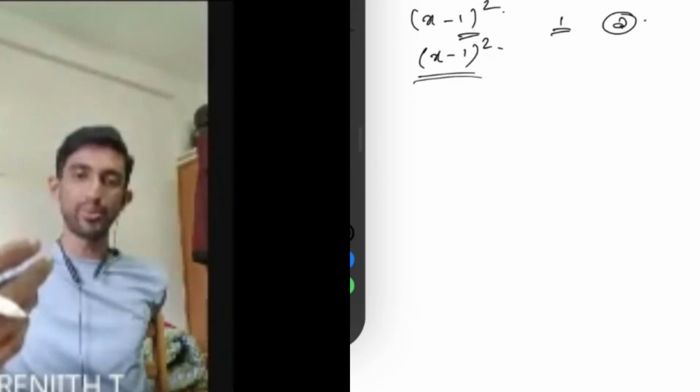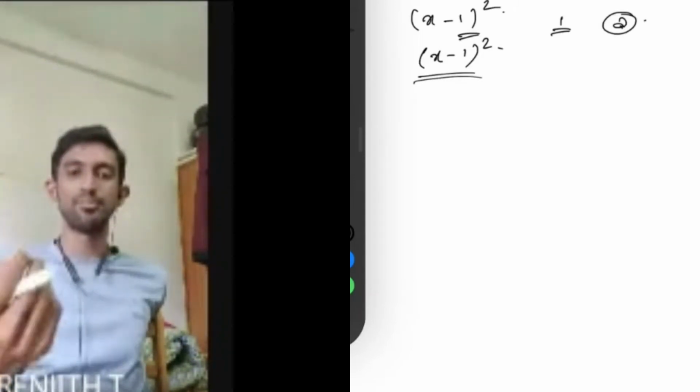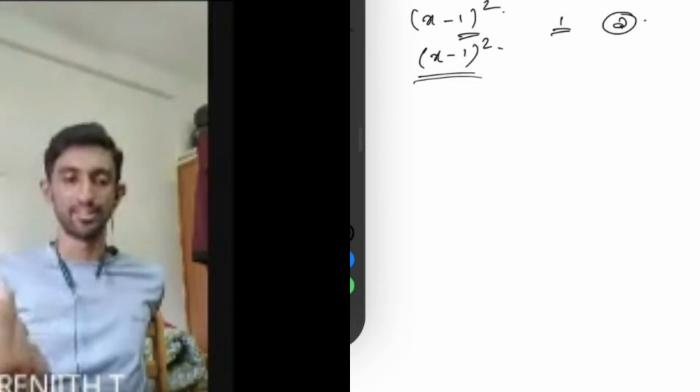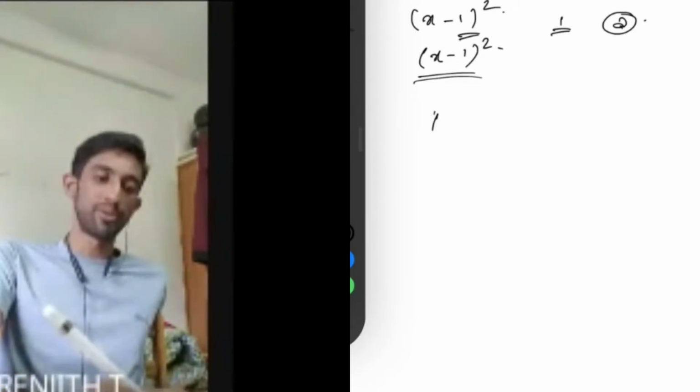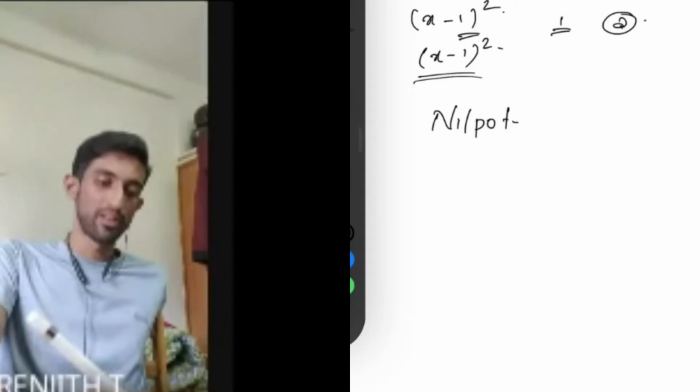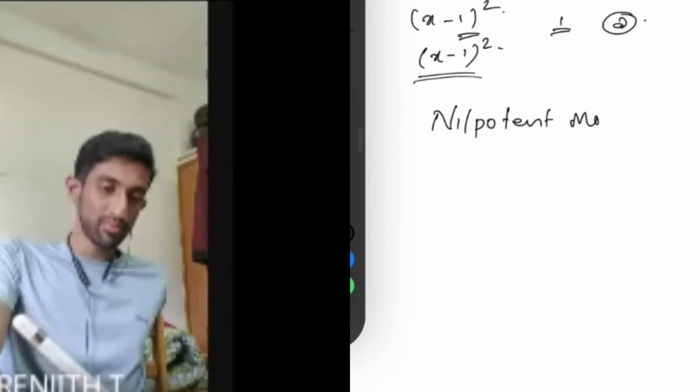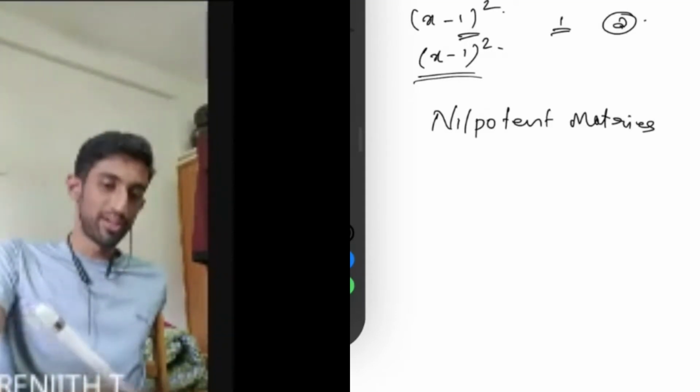So we will start with the most simple form of matrix which is not diagonalizable, which you might know: nilpotent matrices. So what are nilpotent matrices?